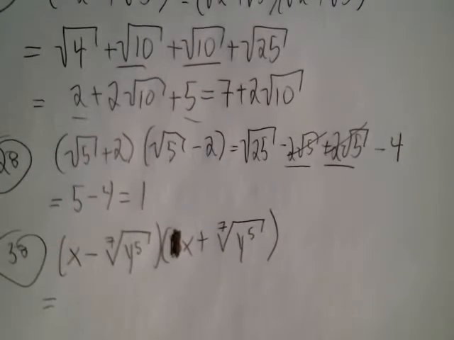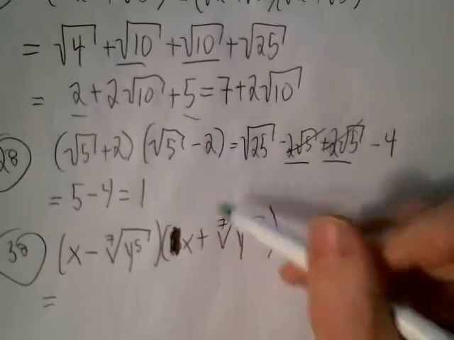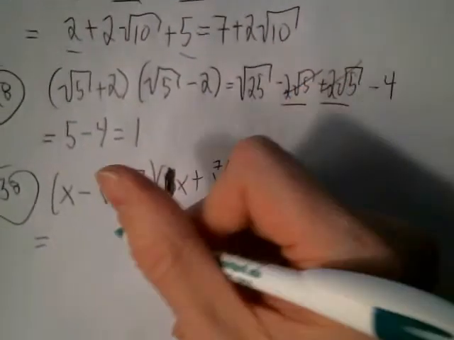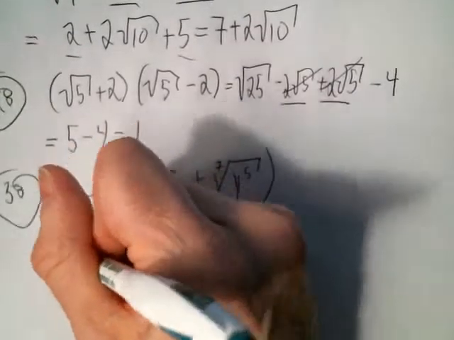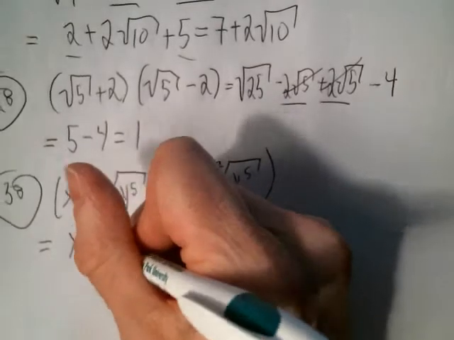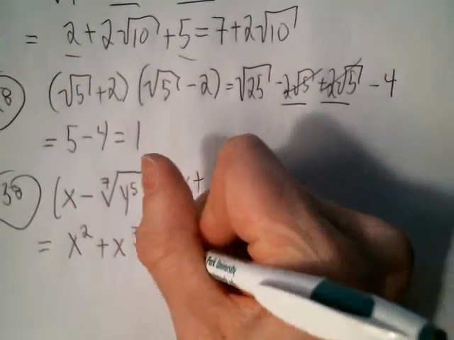Well, is it going to get rid of the roots? I don't know. I actually don't think it will. So yeah, I guess this idea won't always work if you have funny roots. But let's see. Okay, so x times x is x squared. The outer plus x times the 7th root of y to the 5th.